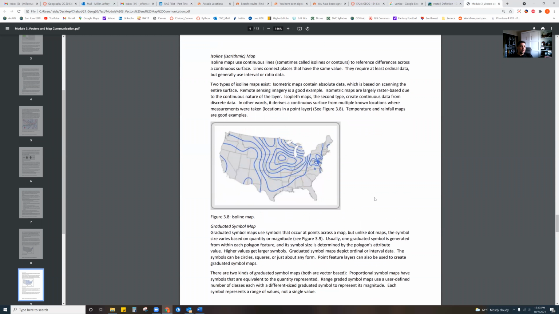Isoline maps represent something that is a distinguishing feature. This could be temperature, or air pressure. You might see something like this on the weather report, which is common.